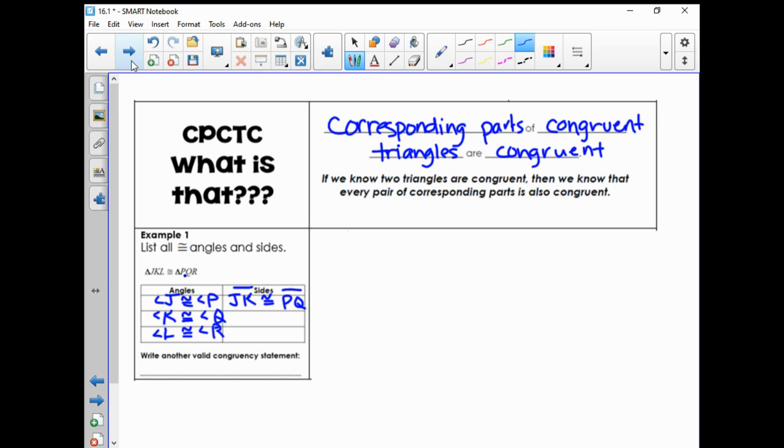We know that KL, the middle and the last letters of the triangle, are going to line up exactly as QR. And then if you look at the first and the last letter, JL, that's going to be congruent with the first and last letter, or PR right there. All right, that's example number one.